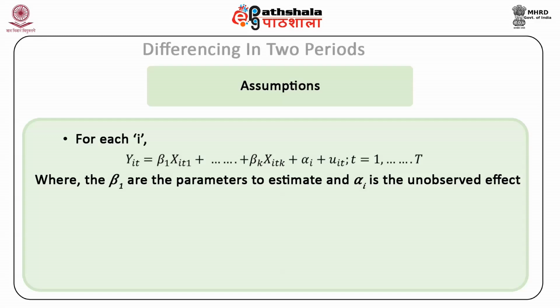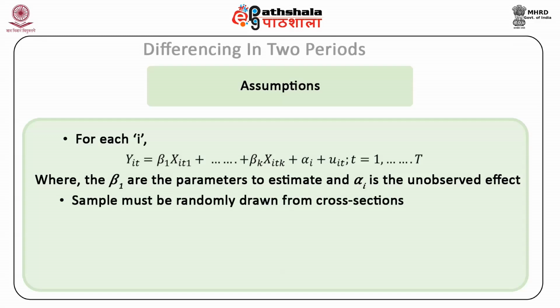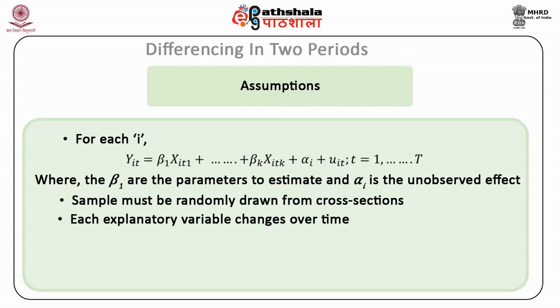The second assumption is that the sample must be randomly drawn from cross sections. Our next assumption is that each explanatory variable changes over time, at least for some i, and there is no perfect linear relationship among the explanatory variables.